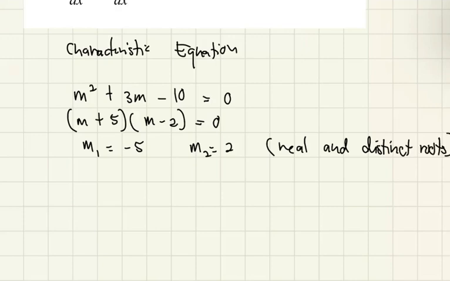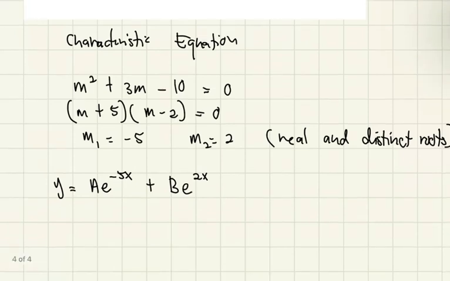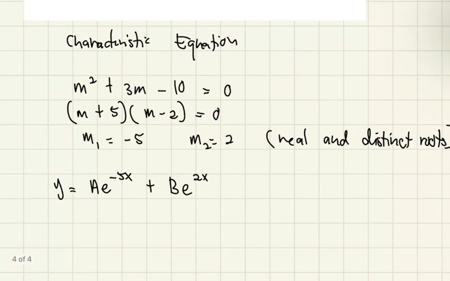So we have two roots, two values of m. Hence, the solution will be a e^(-5x) plus another constant b e^(2x). Then remember we have initial values, where y(0) equals 4 and y'(0) equals minus 2.